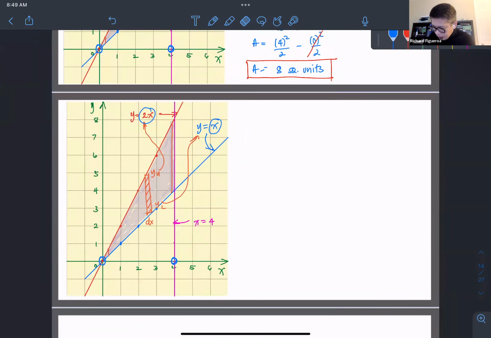Okay. So for the horizontal strip naman.